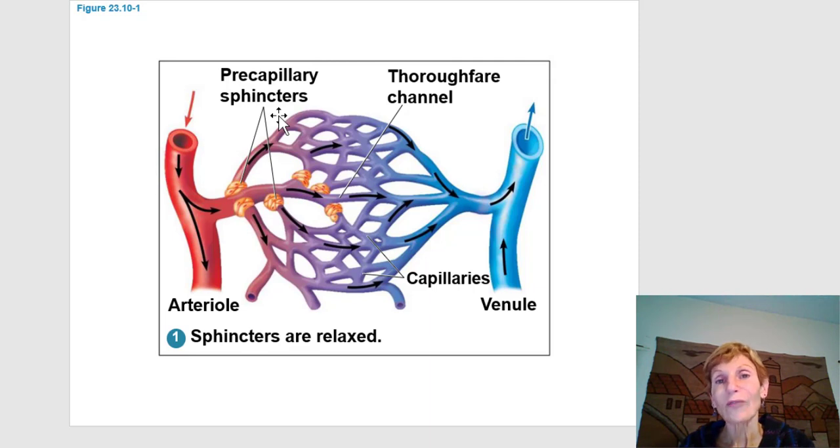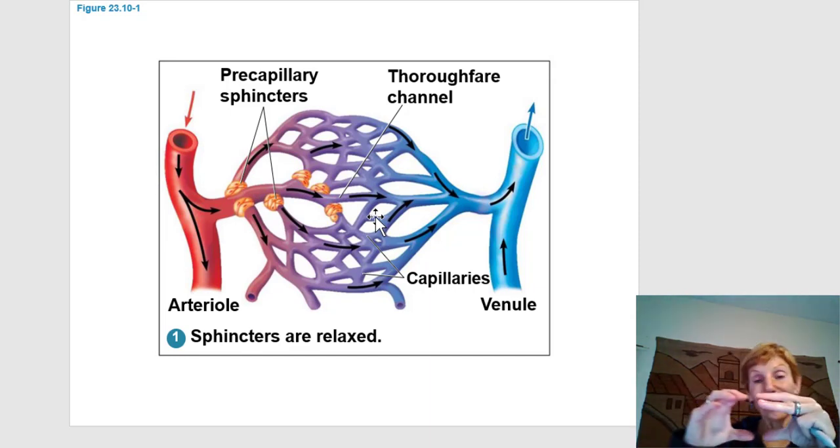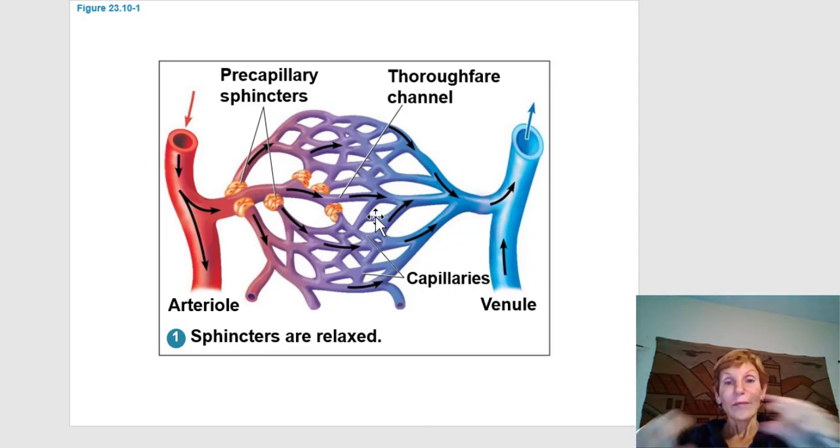A sphincter is a ring of muscle. So again, smooth muscle is going to play a role here. Okay, smooth muscle was playing a role with the arterioles. Now smooth muscle is playing a role in the capillaries, but not on the inside of the capillary, but around the outside and at the very entrance.